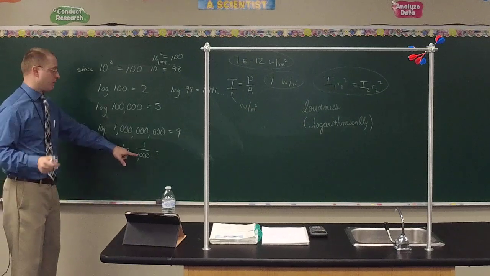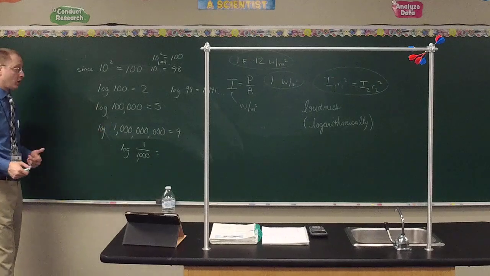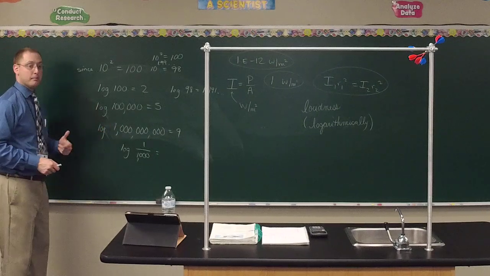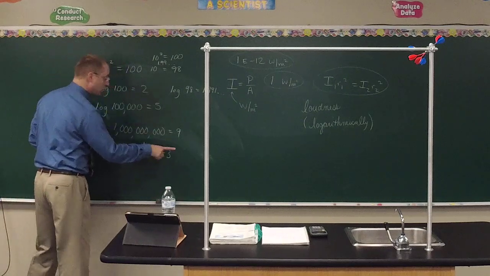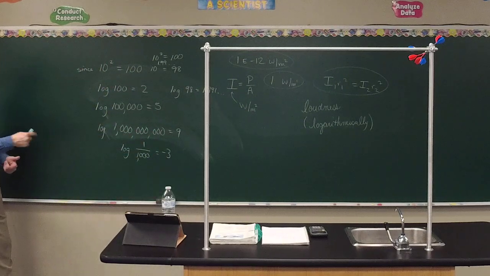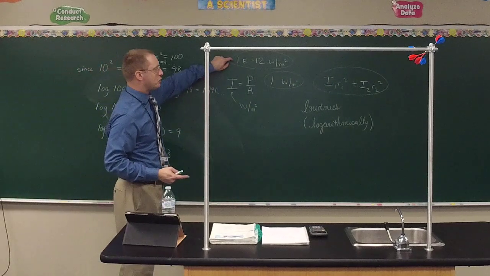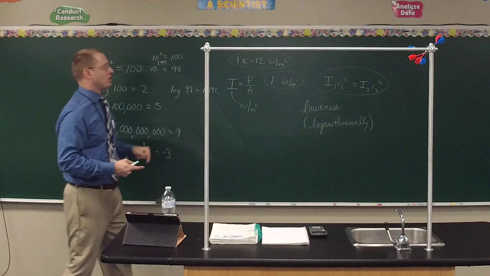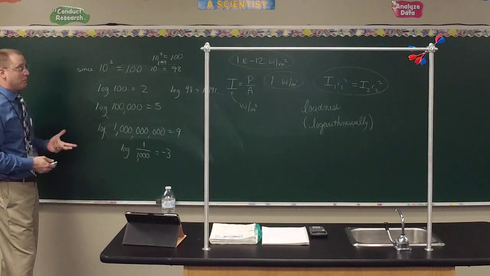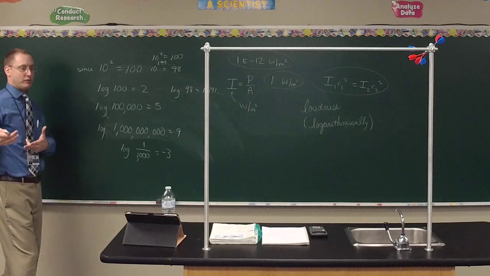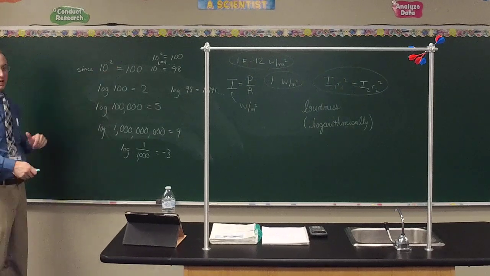So not coincidentally, if you take 1,000th or 0.001 and take the log, you're going to get a negative value. Because it would be 10 to the negative third. That would give you 1 over 1,000. Does that make sense? Okay, so consider this for a moment. 1e negative 12. If you were to take the log of 1e negative 12, that would be negative 12. Because e negative 12 means 10 to the negative 12. The log of that would be negative 12.